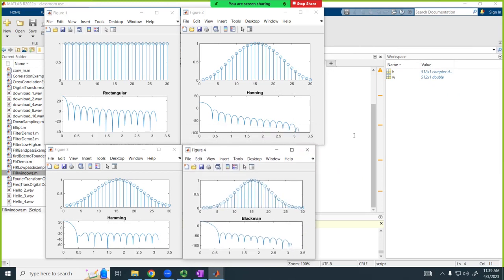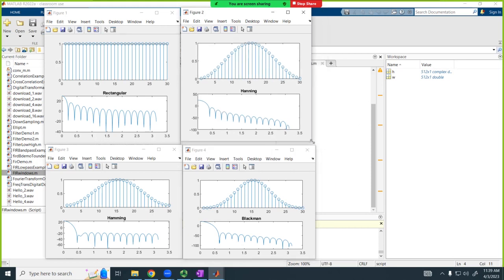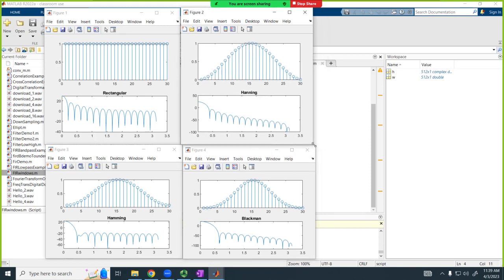What is the difference between these windows? In the time domain, they almost look the same, don't they? I probably have to put them on top of each other to notice the difference. The difference is minute, but nevertheless, they're different.